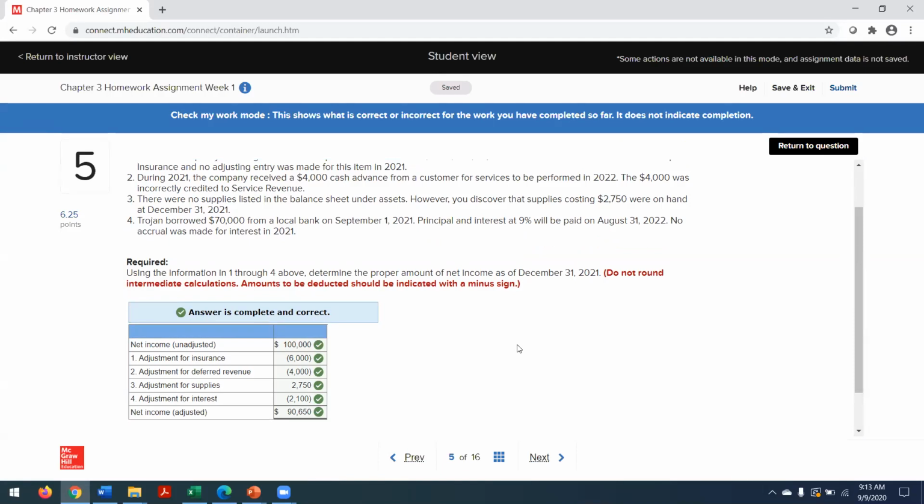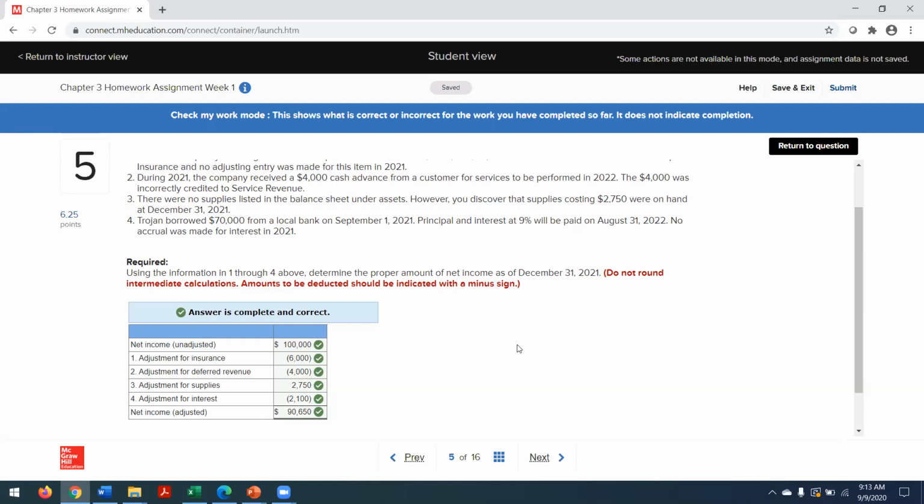But in order to provide completed financial statements, we need to prepare some adjusting journal entries that take place within the company, such as discovering items related to our prepaids, what's been used up, items related to our deferred revenues, what's actually been earned, and items related to accruals.